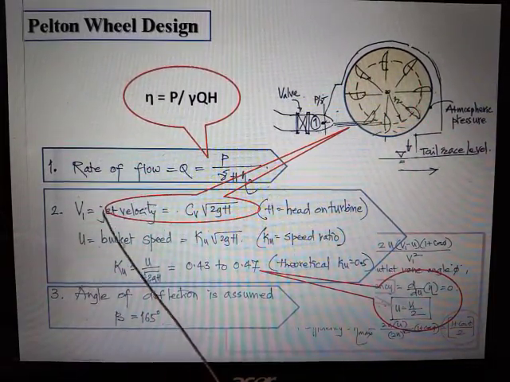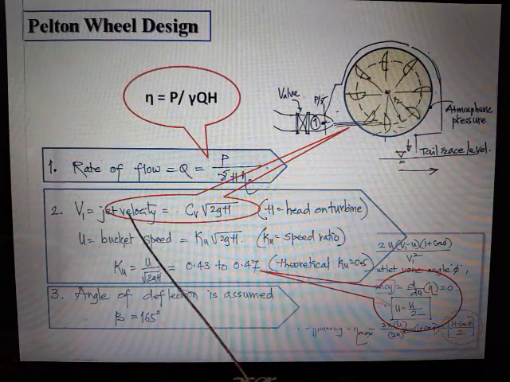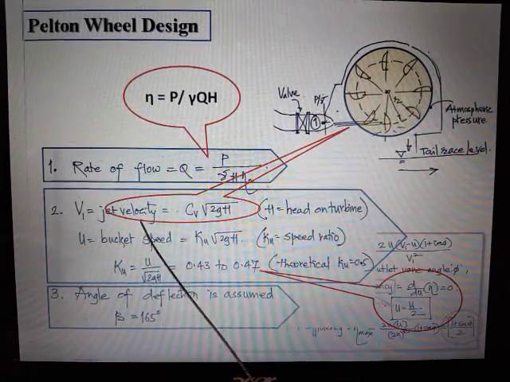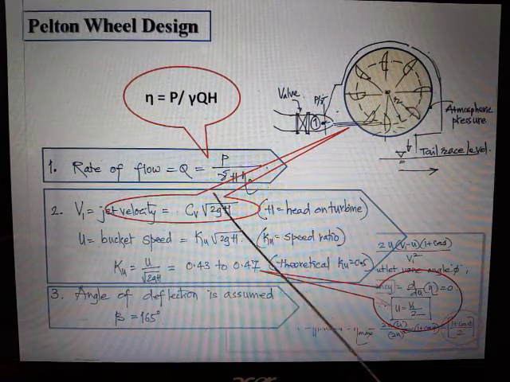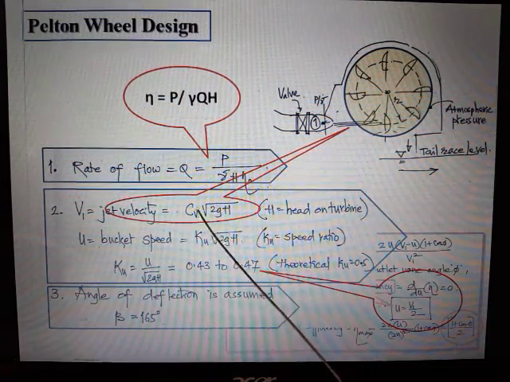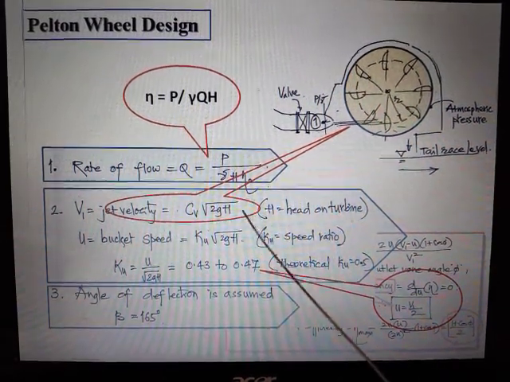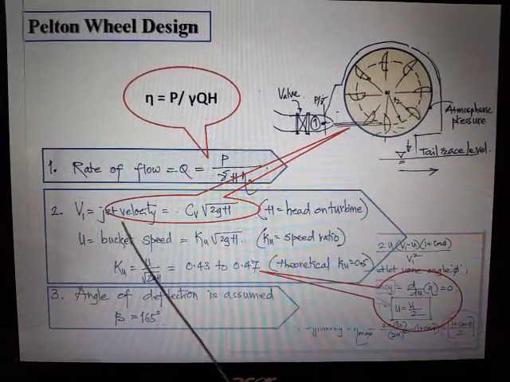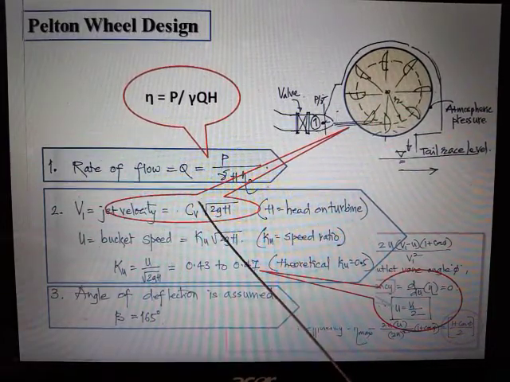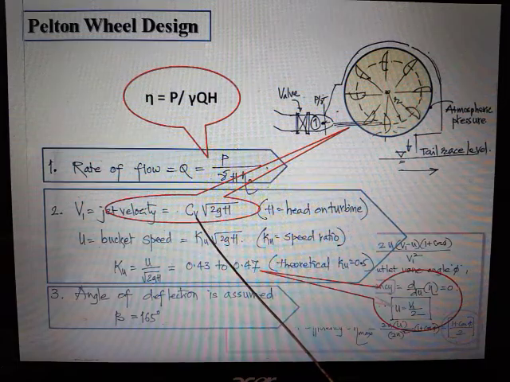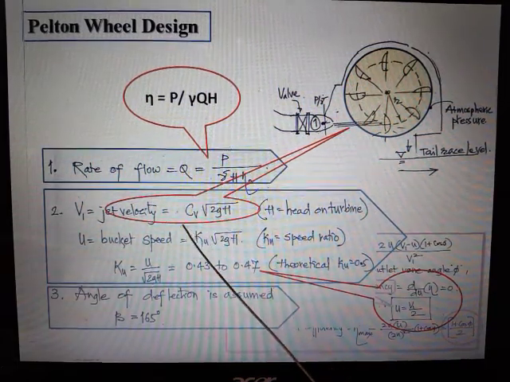Second, we should know the jet velocity V1. We know that it is root 2gH but multiplied by Cv, because there will be some losses at the nozzle point. That's why there is a multiplier, which is known as a reduction factor, or most often referred to as the coefficient of velocity.